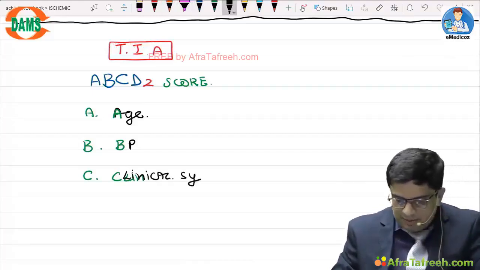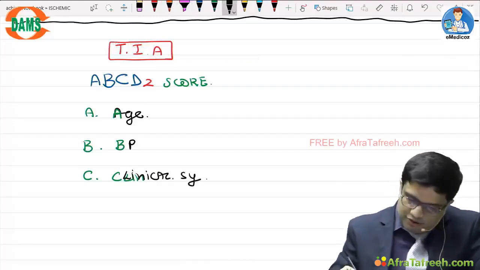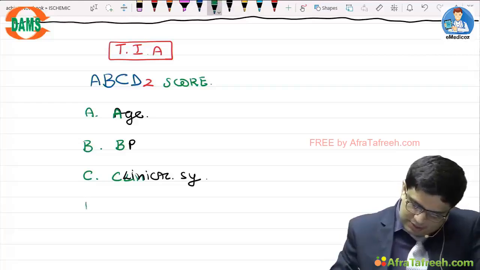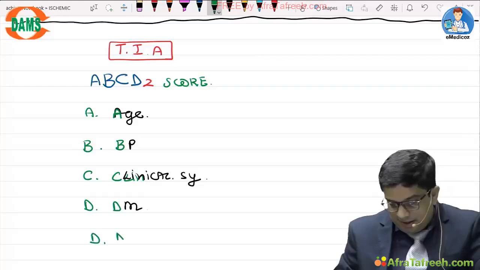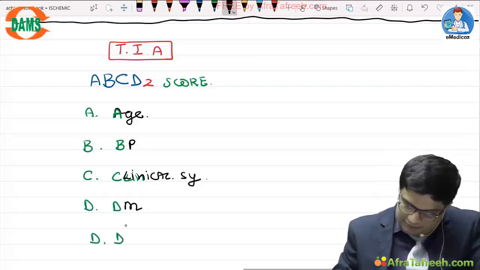Clinical symptoms. D over here stands for diabetes. Okay, before that, more important D, that is the duration part.